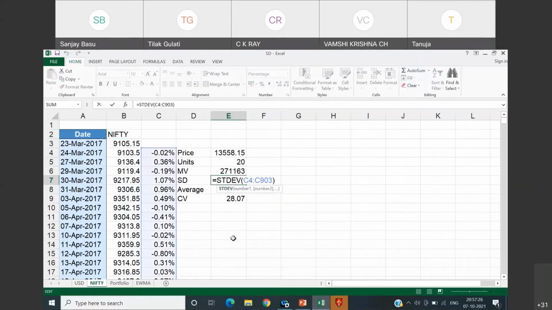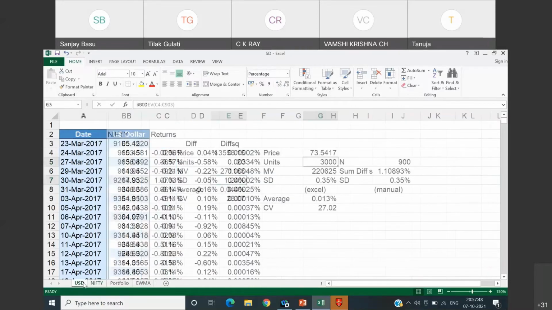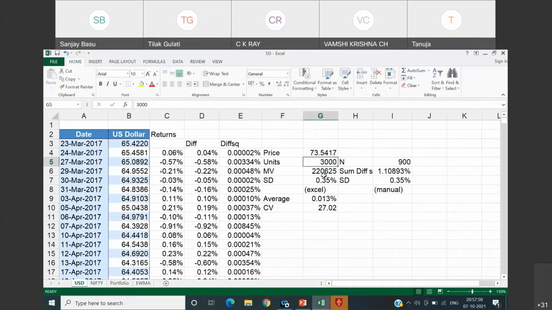So the computation of standard deviation here is the same as in the previous sheet. I showed you for one, so I do not show you for both. Right? So this instrument is almost 3 times as risky as the other.